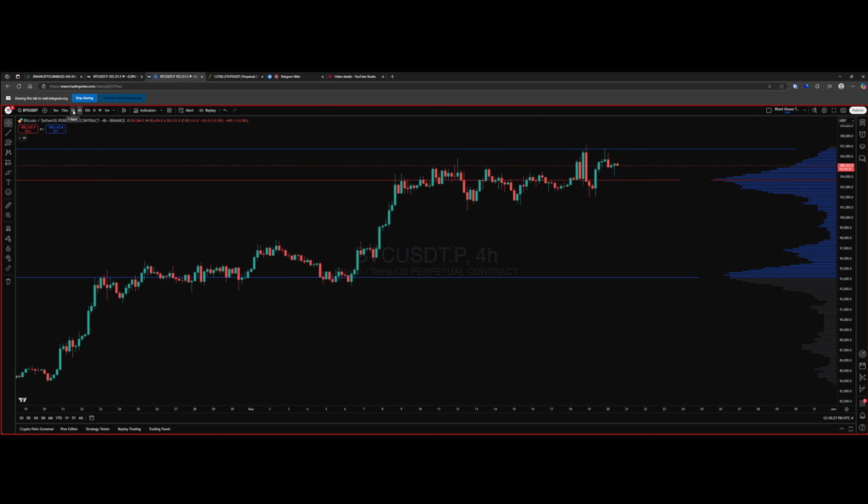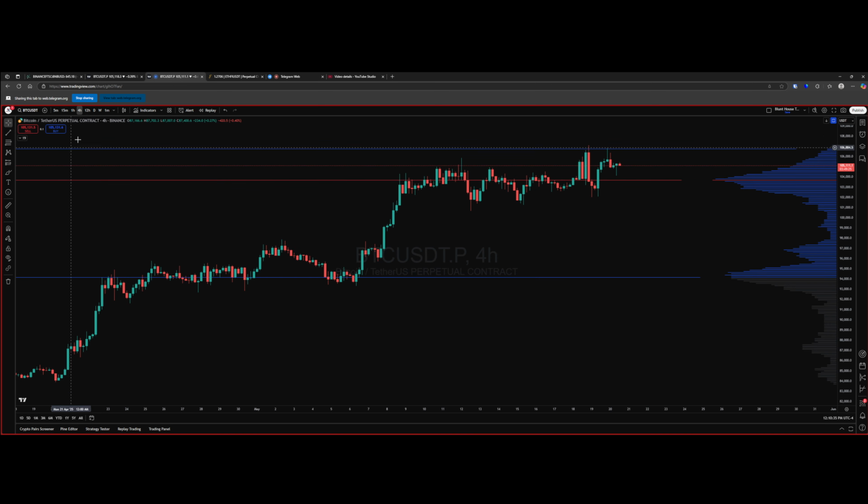What does this tell us on the 4-hour? This is something that I really, really like all of a sudden now that I hit this time frame, because I can see how price has respected that upper value range and it seems to be hesitating to break through it.